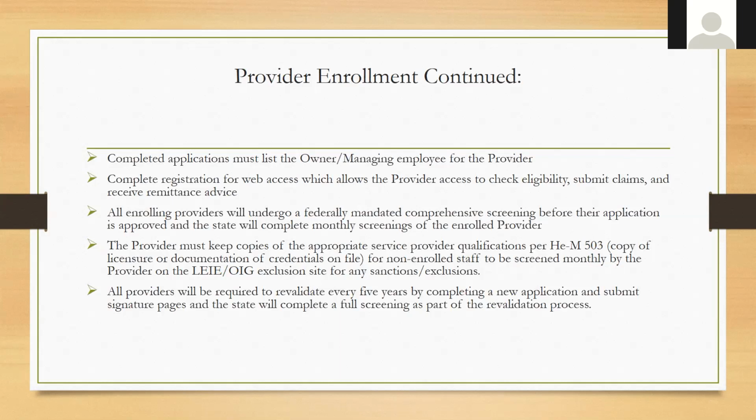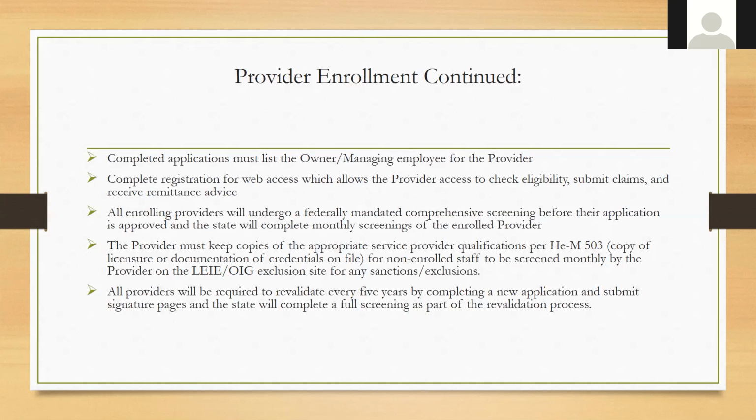The provider also must keep copies of appropriate service provider qualifications. That would be a licensure or documentation of credentials on file. This is for all non-enrolled staff so that they can be screened monthly by the provider, which is you, on the LEIE OIG exclusion site for any sanctions or exclusions.